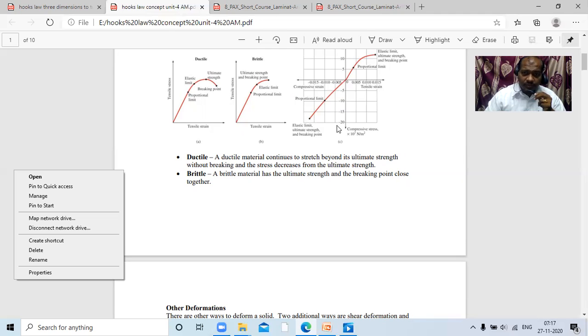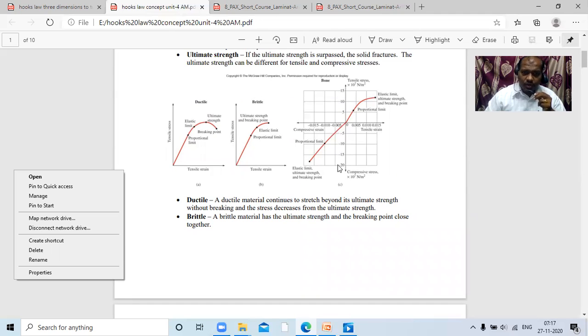Next, coming to the third one, a graph is drawn to express how things happen for a ductile material and a brittle material. Here, if you observe, it is a proportionality limit, a straight line. We can observe what happens for a brittle material and what happens for a ductile material. Beyond that, this is also a proportionality limit.